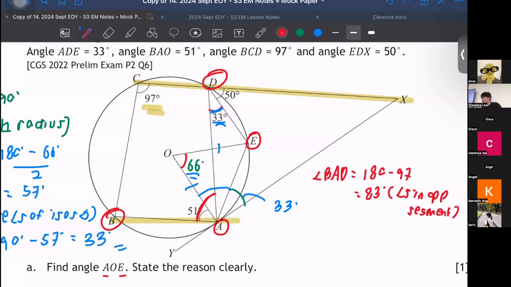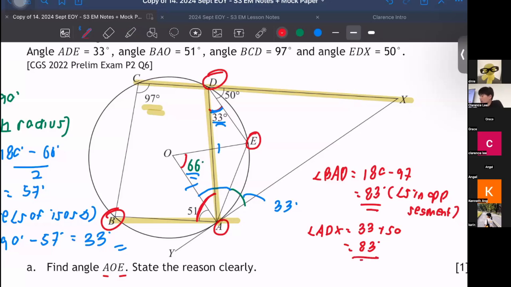Then afterwards, the entire angle is 83. You realize that for you to use your alternate angles, you must form a Z, and the Z is over here. So right now, BAD is 83 degrees. Angle ADX is 33 plus 50, which is also 83 degrees.